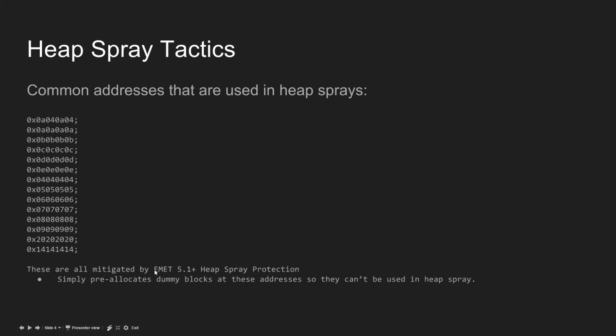These are ones that are specifically enumerated by EMET 5.1 in their heap spray protection mitigation, which, when it's enabled for a process, when the CTORs and initialization code runs before it jumps to the main function, is going to pre-allocate dummy blocks at all of these addresses so that it cannot be used reliably in a heap spray.